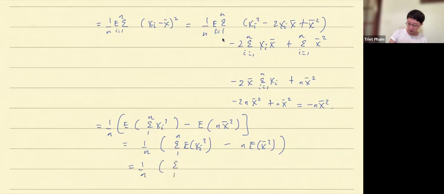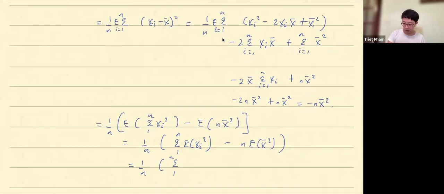The expectation of xi squared will be the variance of xi plus the expectation of xi squared, which is sigma squared plus mu squared. The expectation of x bar squared will be the variance of x bar, which is sigma squared over n, as we calculated above, plus the square of the expectation of x bar, which is mu squared.